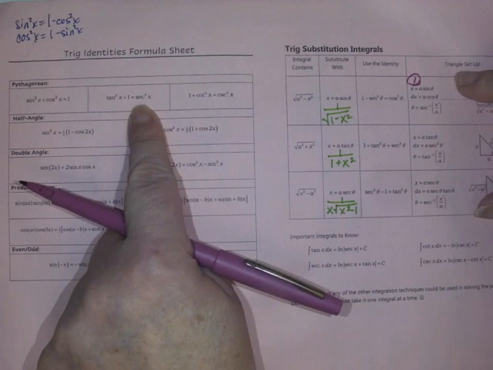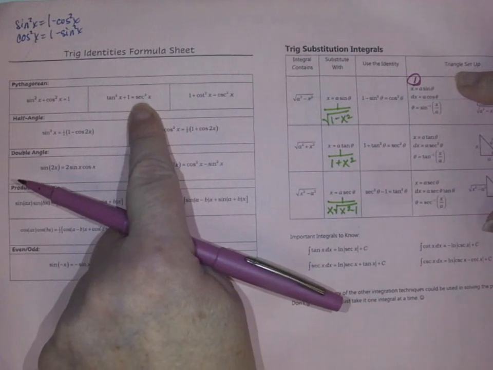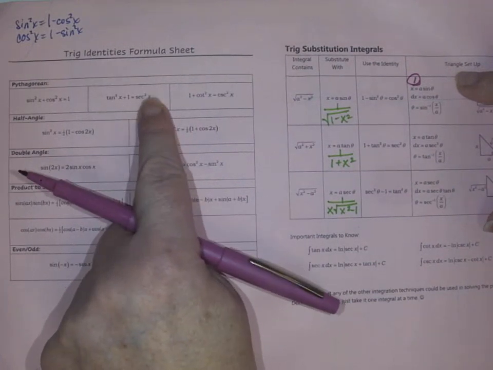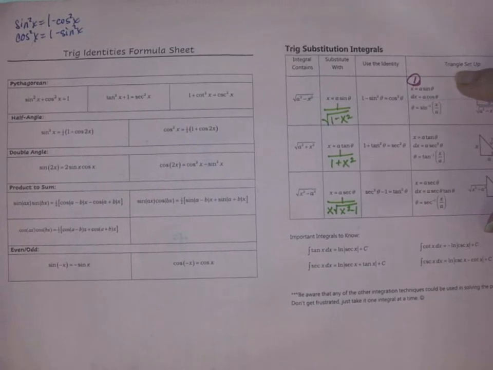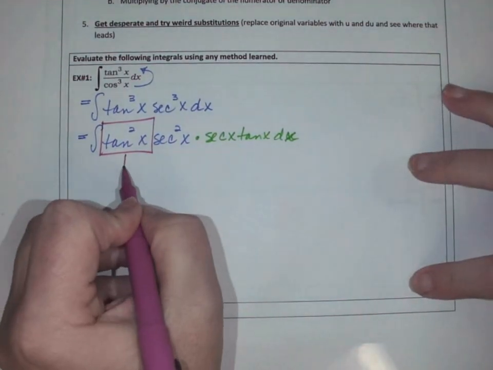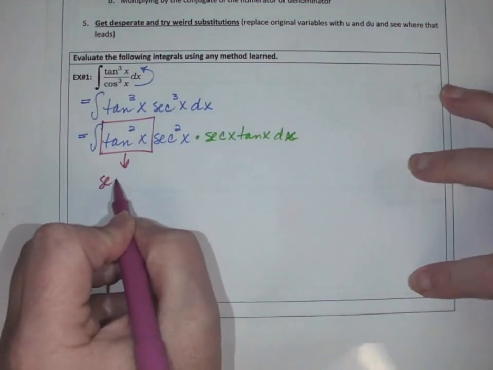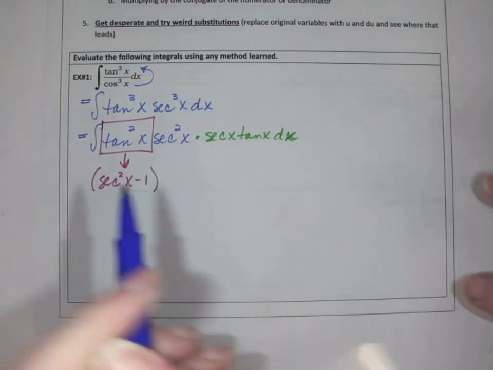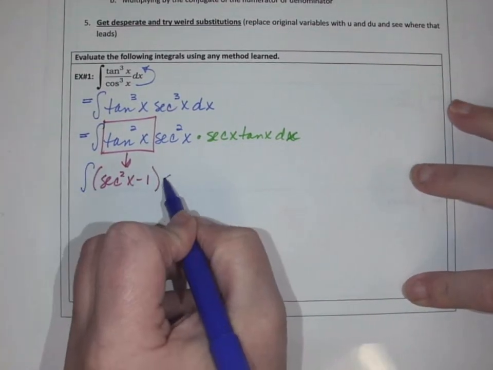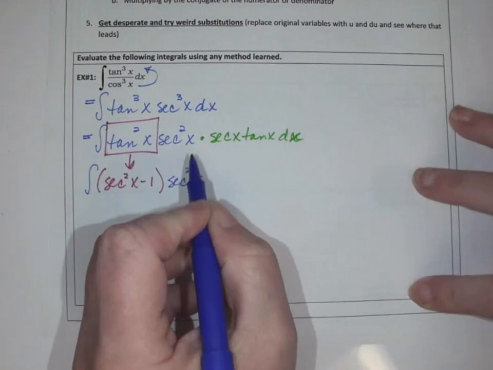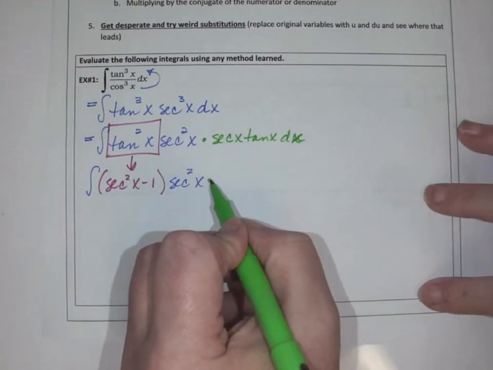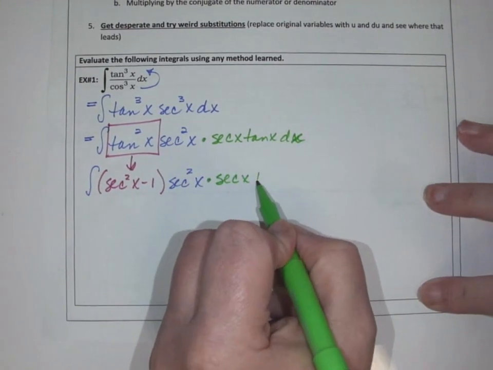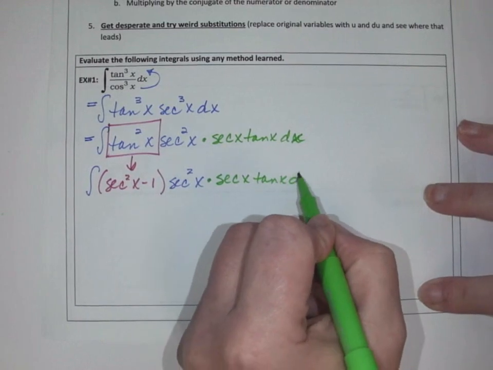So secant squared minus 1 is equal to tangent squared. So that's what I'm going to replace this with. So I'm going to replace it with secant squared x minus 1. And then I have the rest of the integral with my secant squared x and then my secant x tangent x that I'm saving at the back.